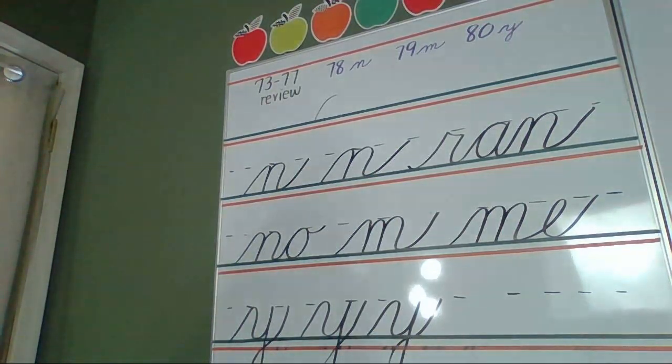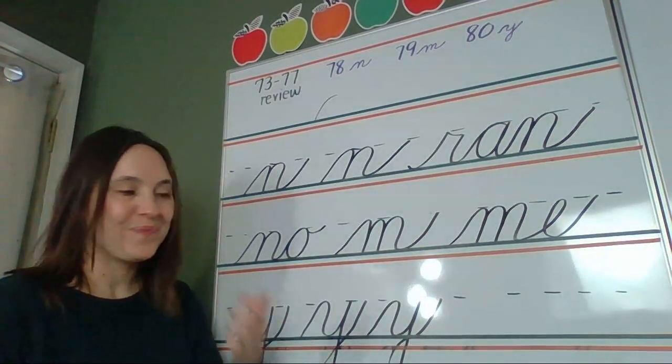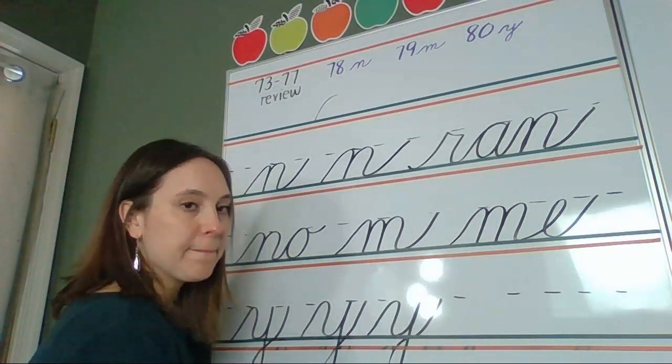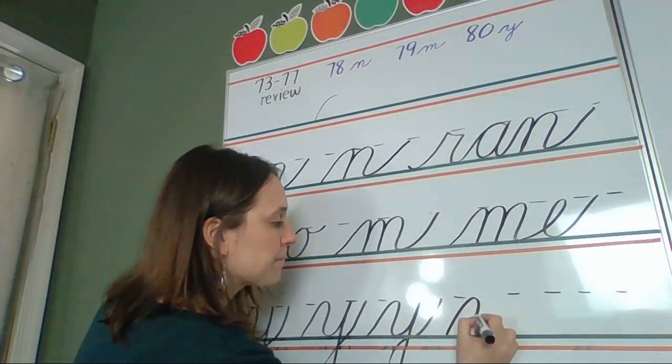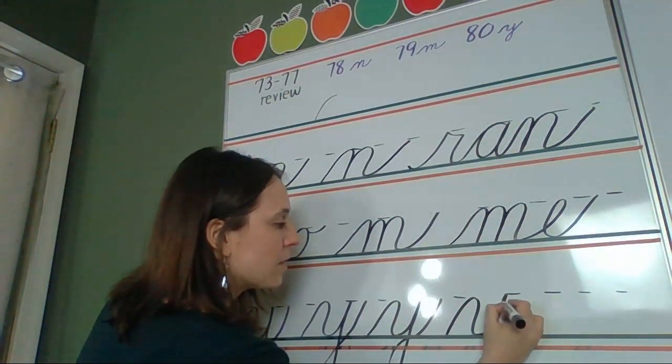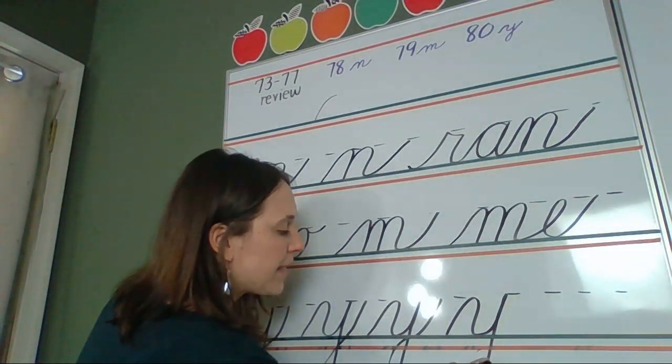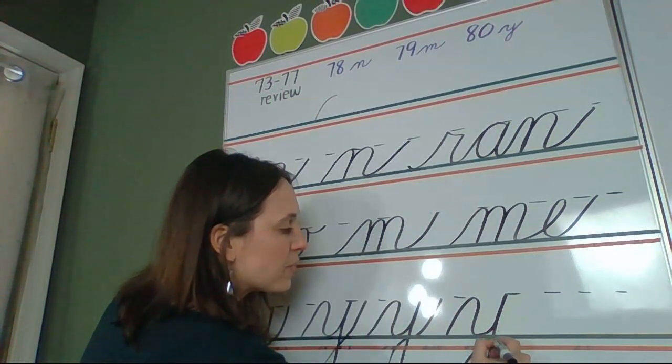So now let's write the word you, Y-O-U. We'll start with our lowercase y. Remember, it comes down below the baseline. Then we come to meet right here at the midline.